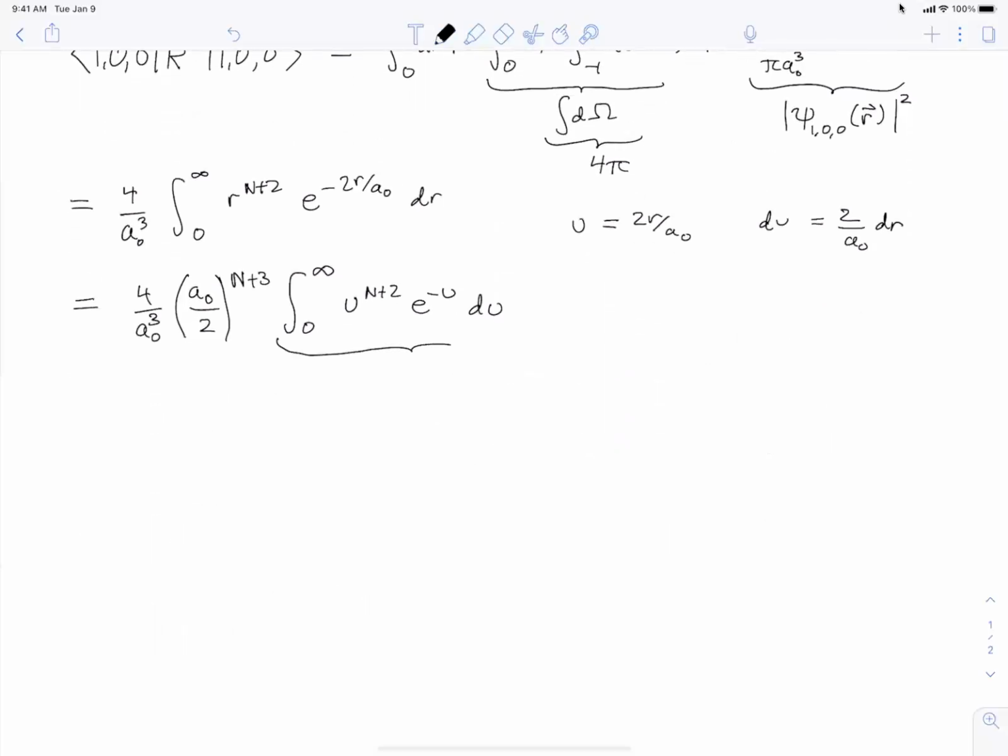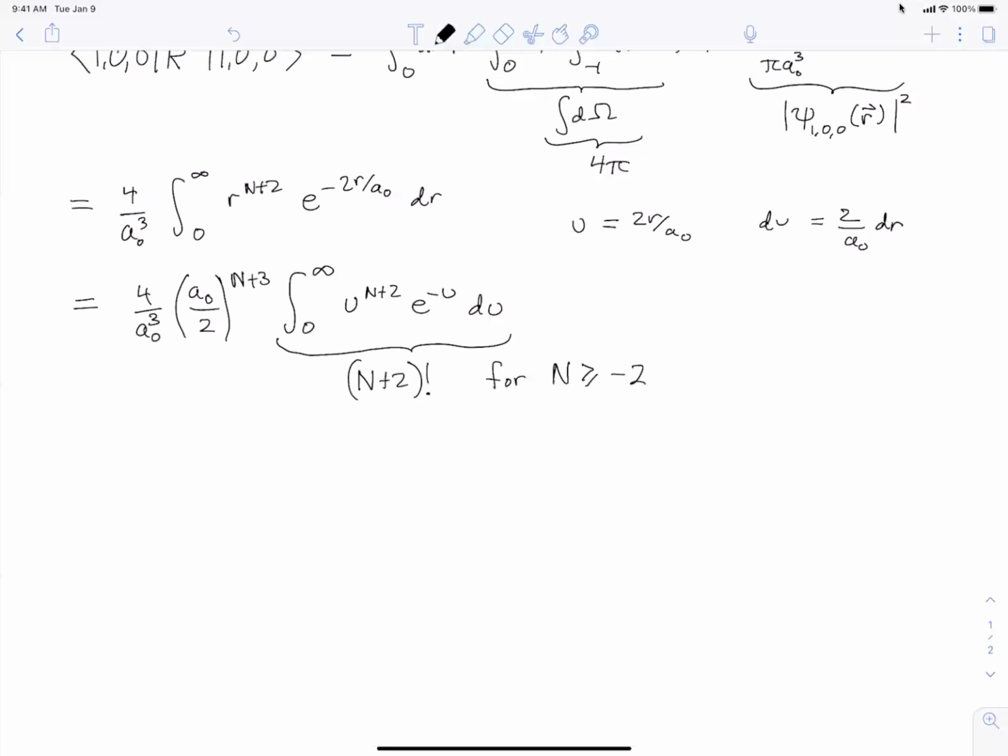And the answer here is this is equal to n plus 2 factorial. It's just a definite integral. Except it turns out it's n plus 2 factorial only if n is large enough, for n greater than or equal to minus 2.